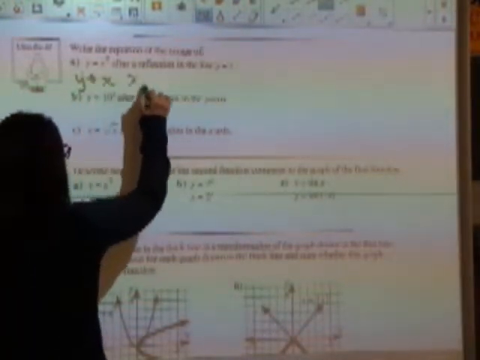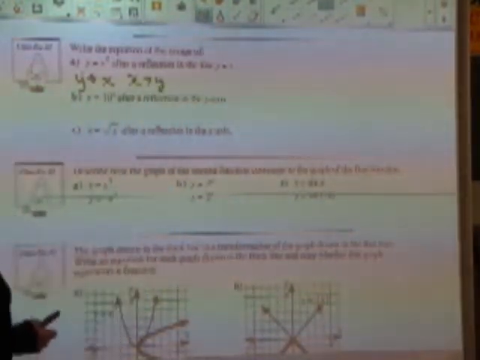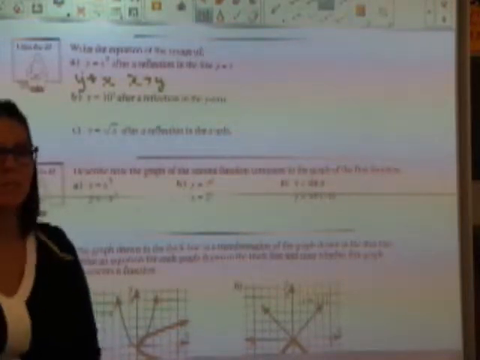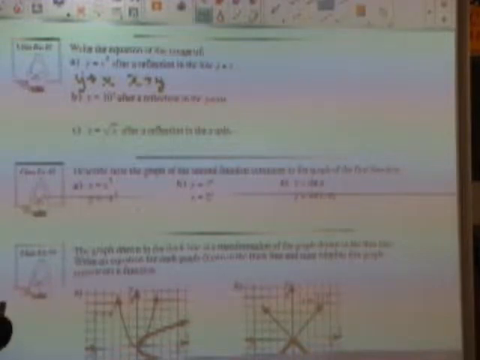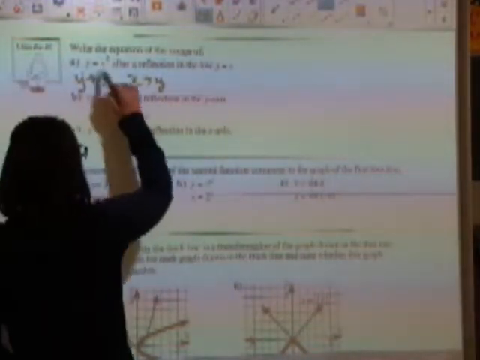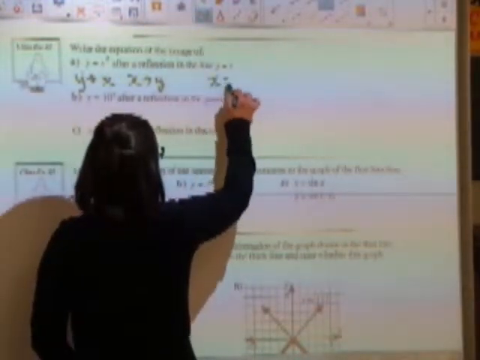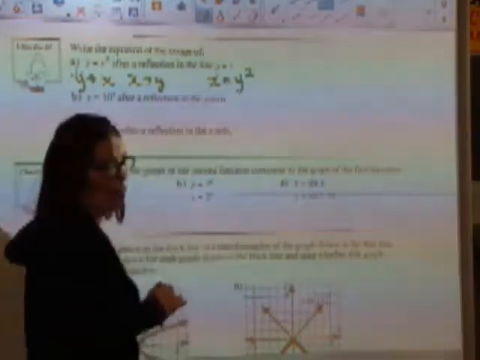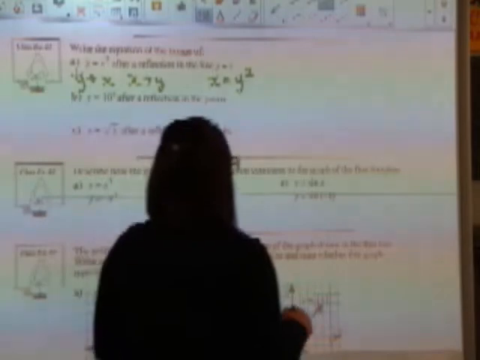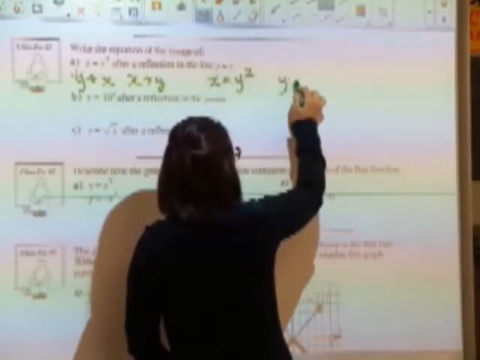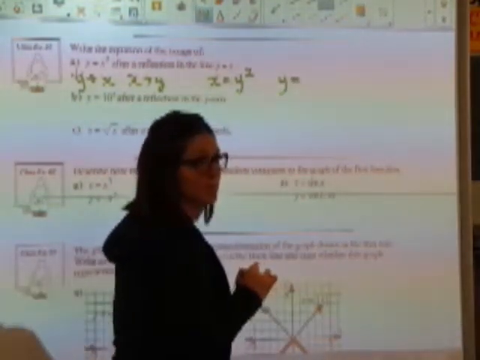And I'm always going to come back to what are the replacements, because if you can identify the replacements, then you can put them into the equation. So instead of y equals x squared, I would have x equals y squared. And if I told you you had to write it as a y equals equation, it would be y equals what? Square root of x.